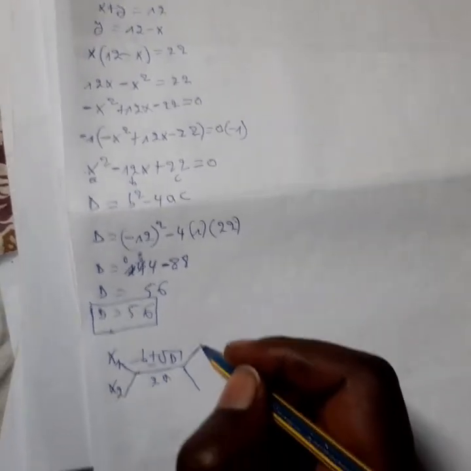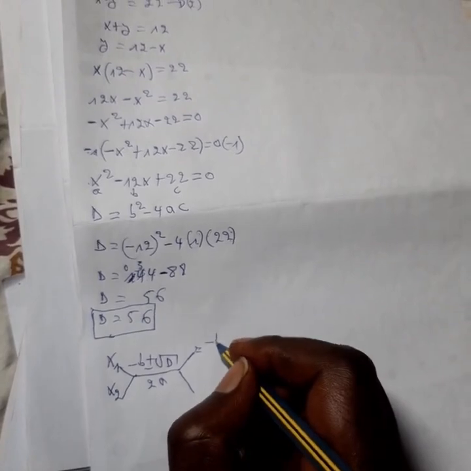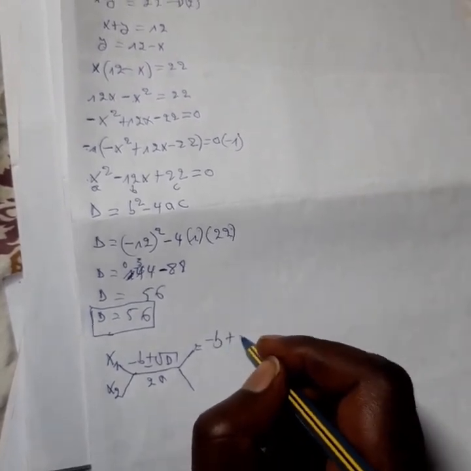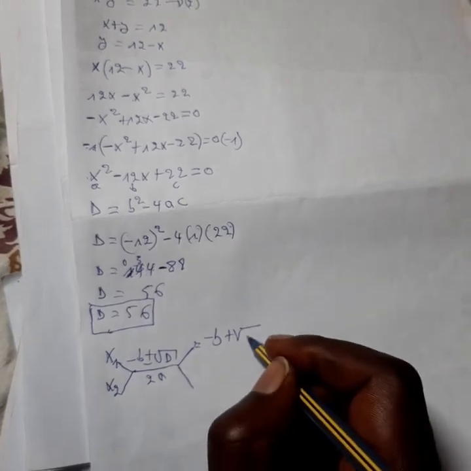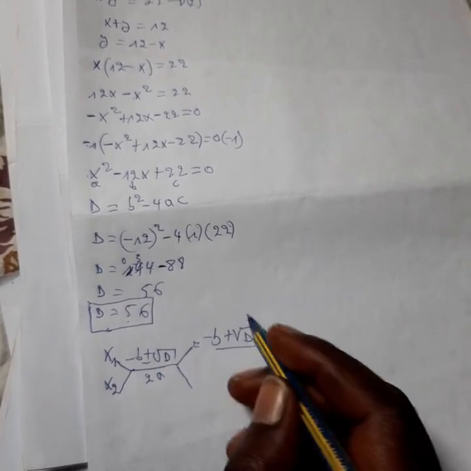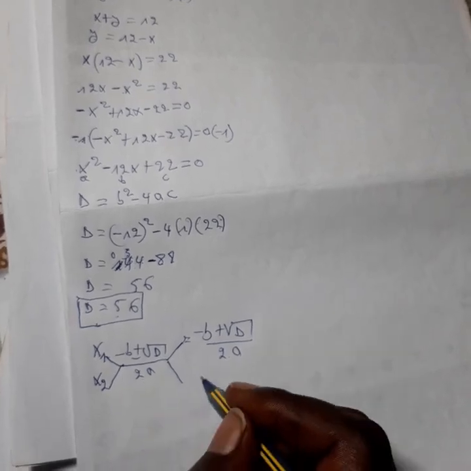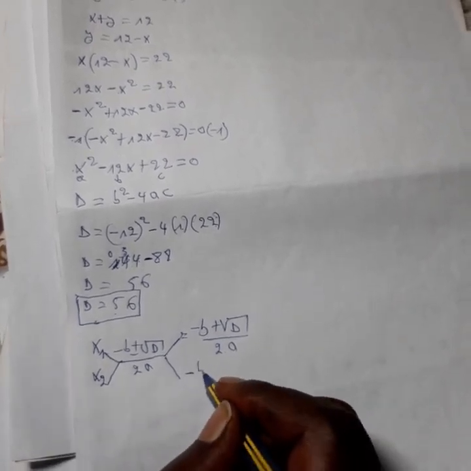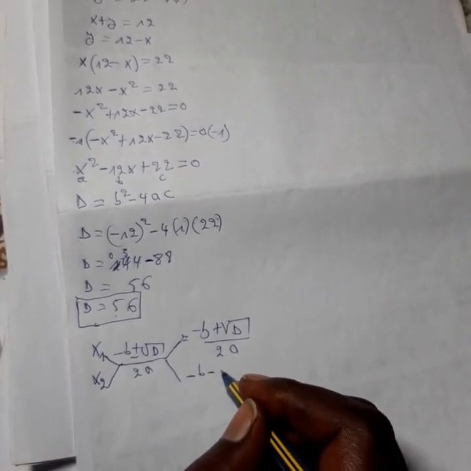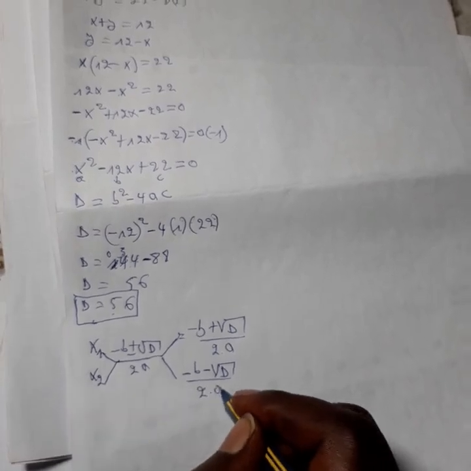So x1 will be equal to negative b plus the square root of d, which is this one, divided by 2 times a. And x2 will be equal to negative b minus the square root of d over 2 times a.